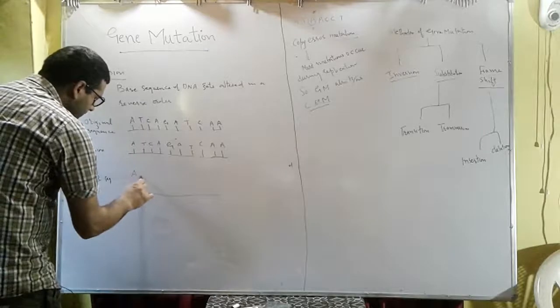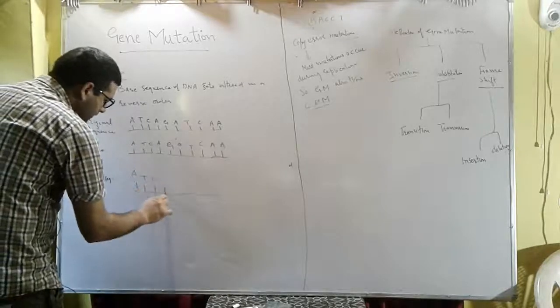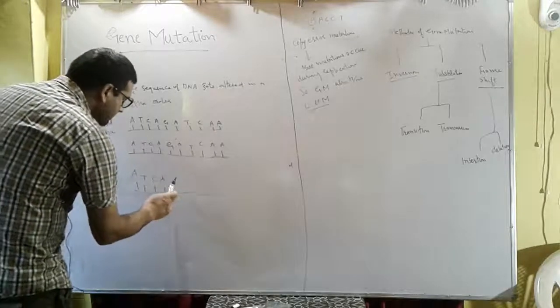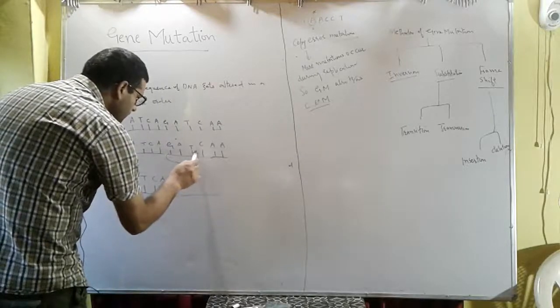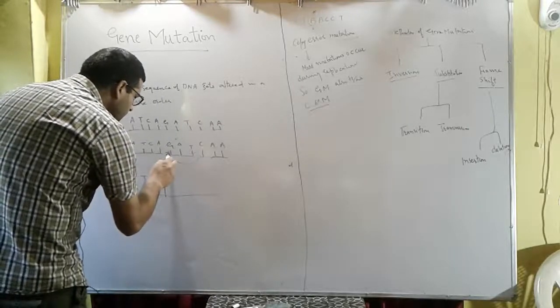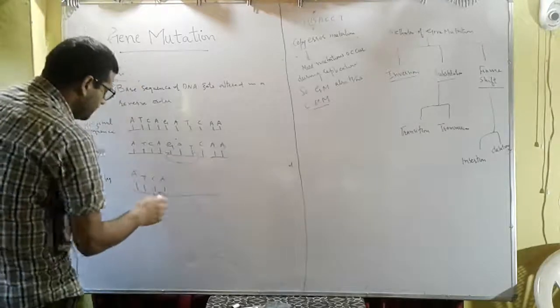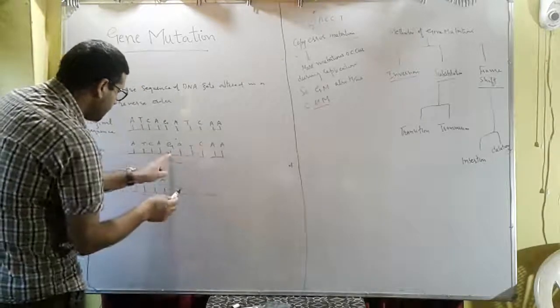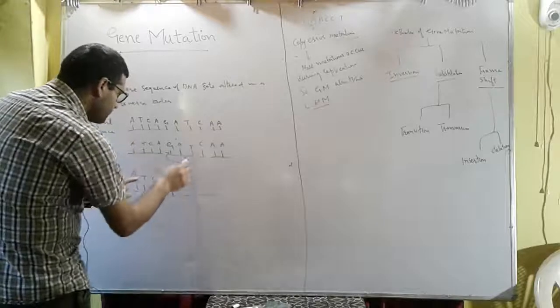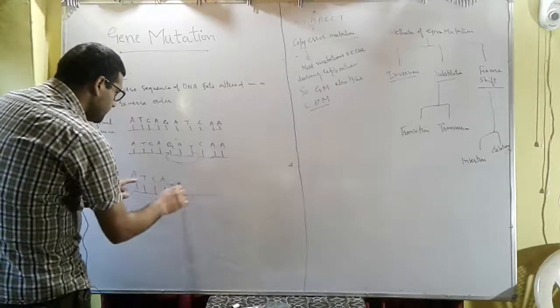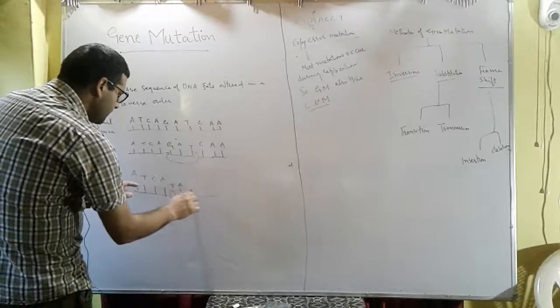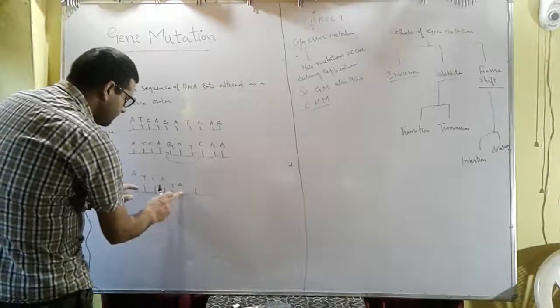We have A, T, C, A. Then this T will be here, A is here, and G is here.